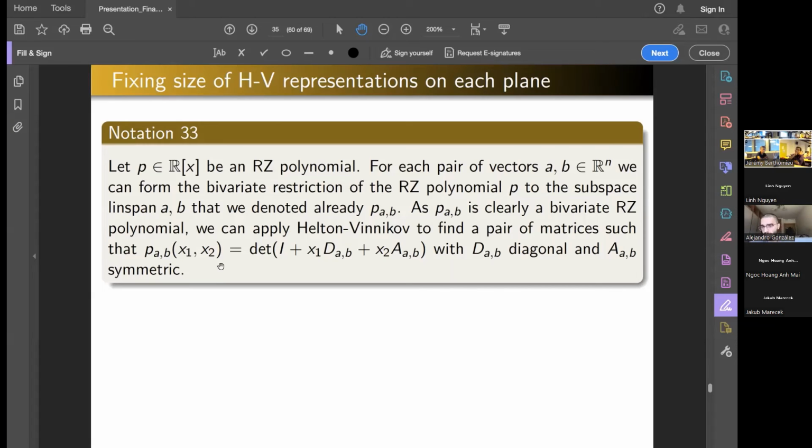This is what the generalized Lax conjecture says. We know that we need a factor because for more variables, for dimensional reasons, you cannot expect to find a determinant representation for all real zero polynomials.